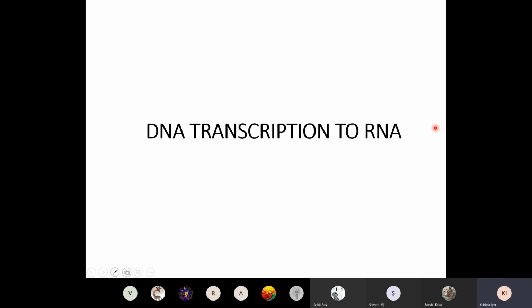The other function of DNA is that it also carries a lot of information which is necessary for the everyday functioning of the cell and for the cell to respond to several stimuli. So we are going to concentrate on that aspect, and to begin, we are going to look at the transcription of DNA to RNA.